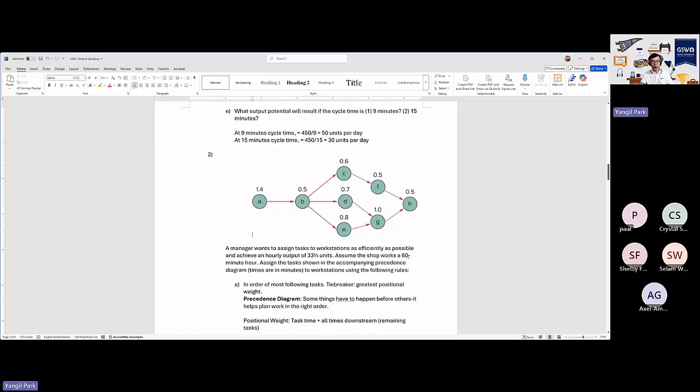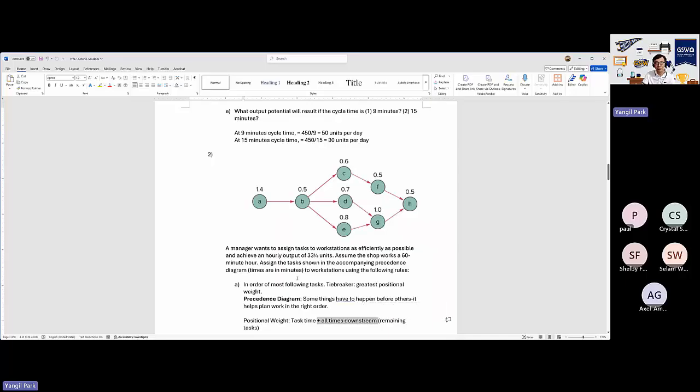This tells us in what order the work will flow, so that we can calculate what they call positional weight. Positional weight, for each position, is the task time for your task plus the time taken for the remaining tasks, what they call all times downstream.